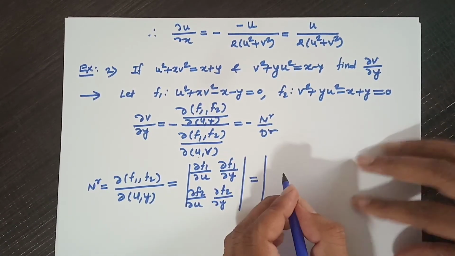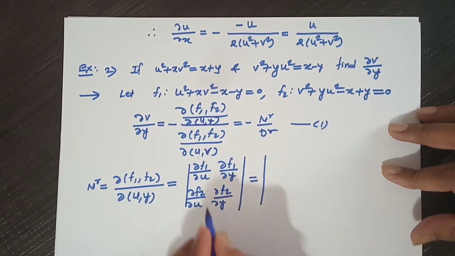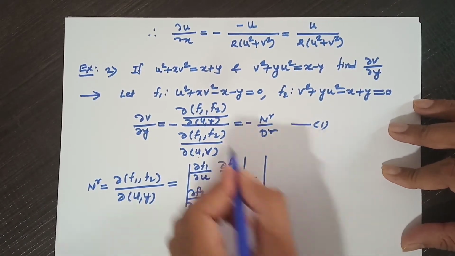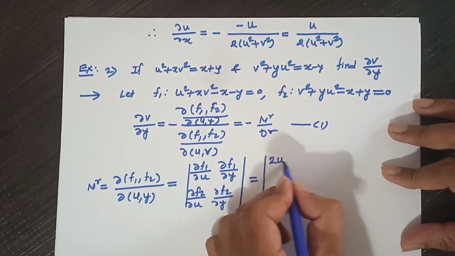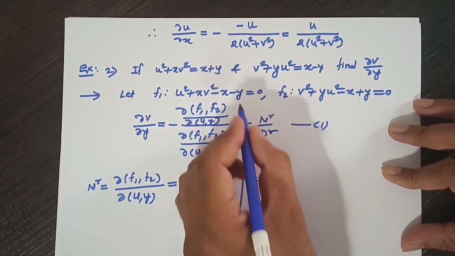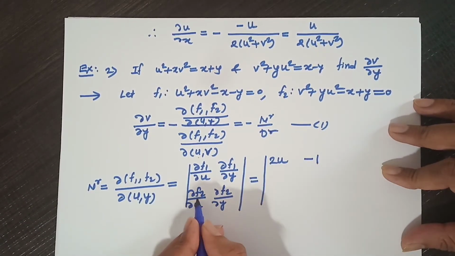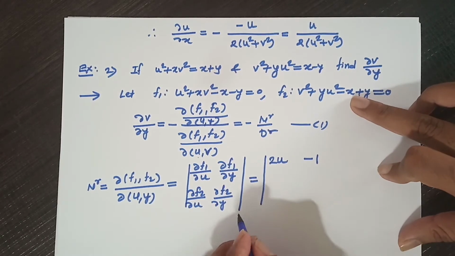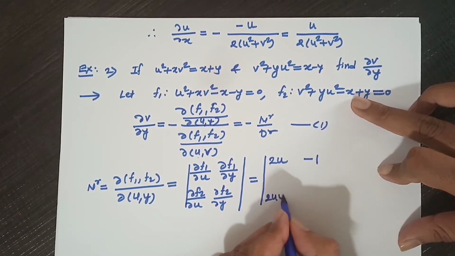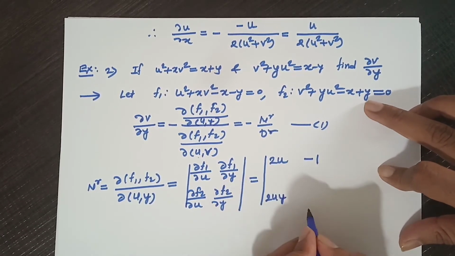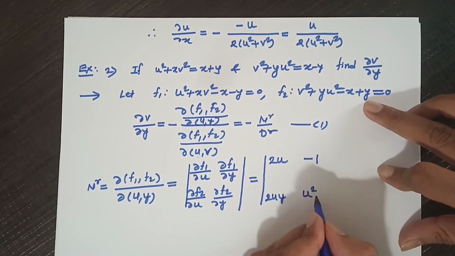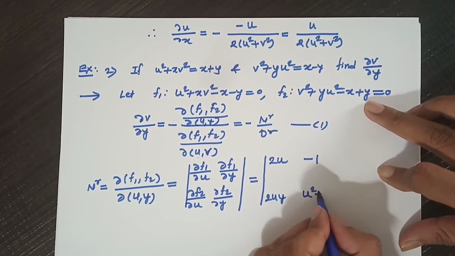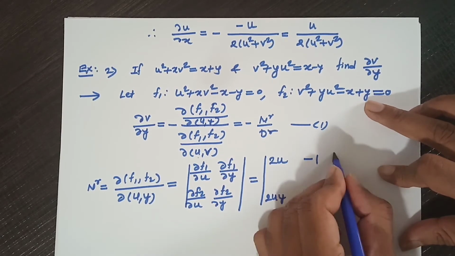Now differentiate this. Differentiation of f1 with respect to u is what? 2u. f1 with respect to y is minus 1. f2 with respect to u is 2 times uy, and f2 with respect to y is u square plus 1.